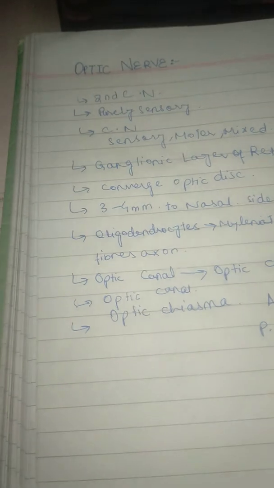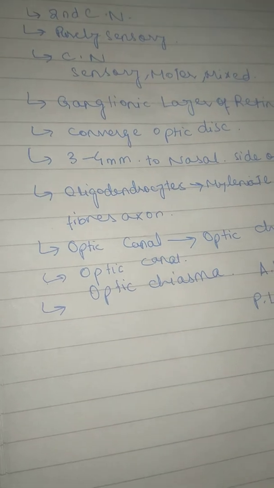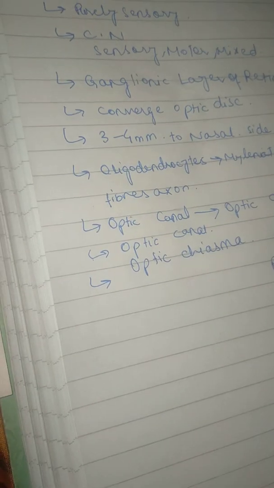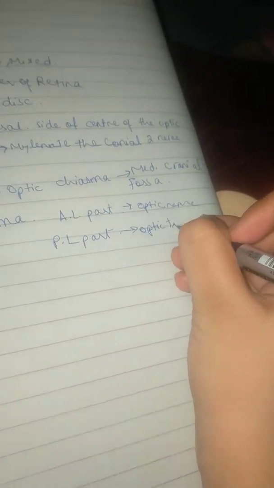So basically the importance of this anterolateral and posterolateral part is that the anterolateral parts basically contain fibers that are continuous with the optic nerves, and the posterolateral part contains fibers that form the optic tracts posteriorly.